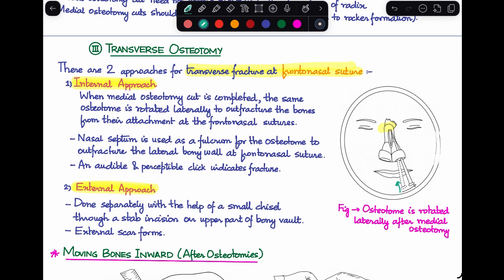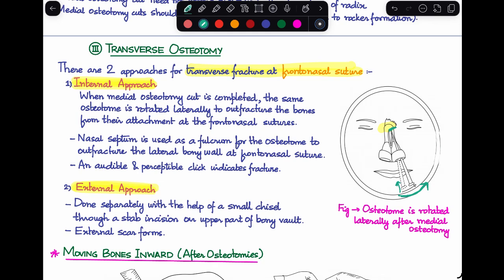Once this cut is complete, the same osteotome, we are going to rotate it laterally to outfracture the bones from their attachment at the frontonasal suture. And here we are going to use the nasal septum as a fulcrum for the osteotome to do this outfracturing.